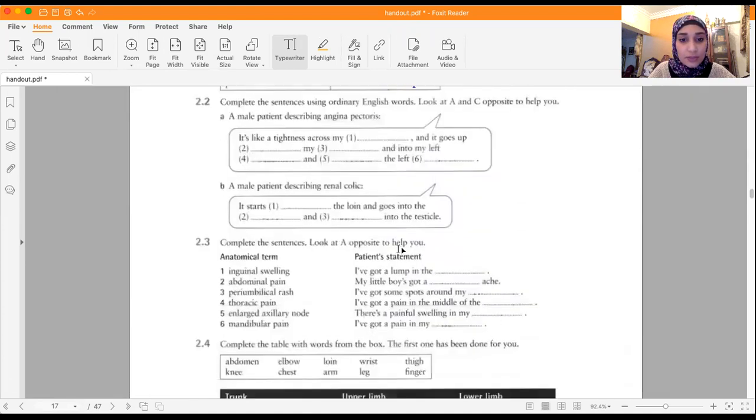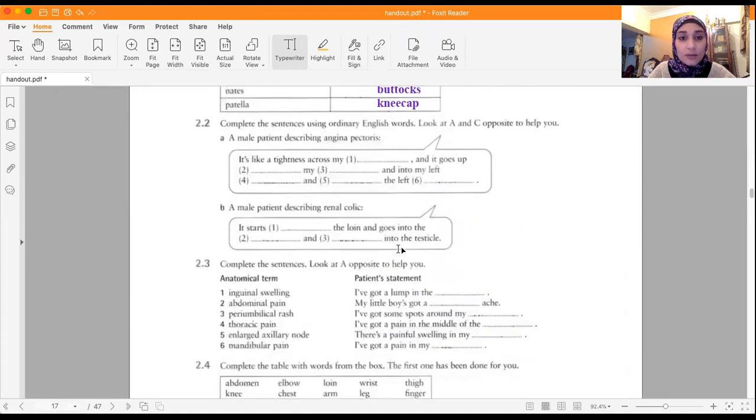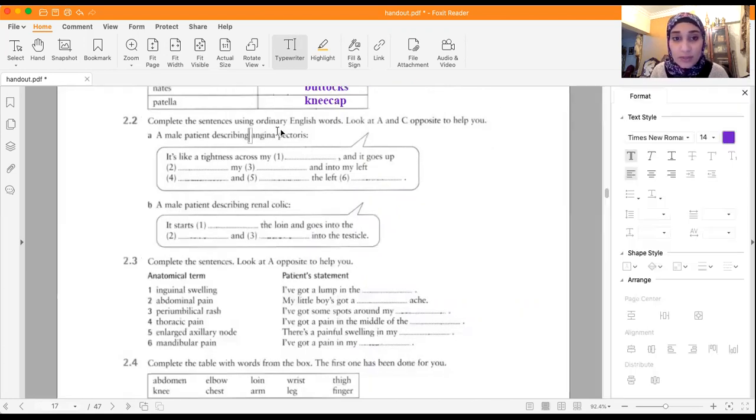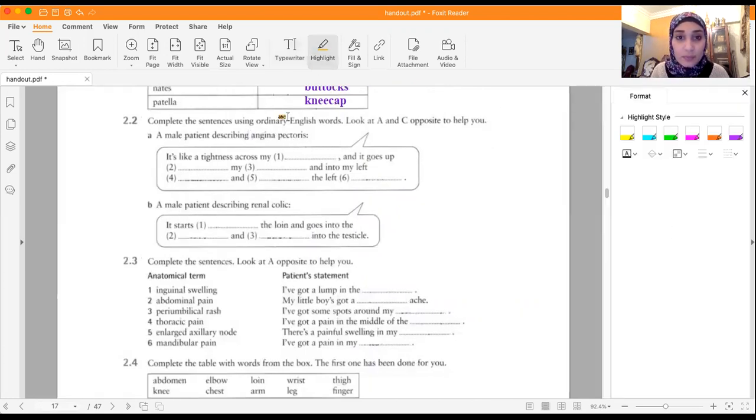So let's move here to this exercise for a male patient describing angina, describing angina pectoris. So what is the meaning of angina pectoris? Angina pectoris means in Arabic ذبحة صدرية.